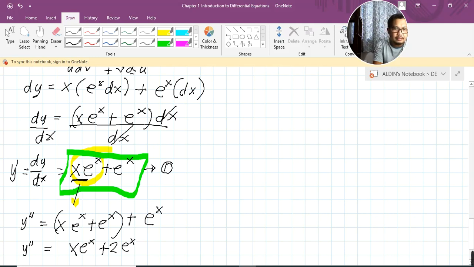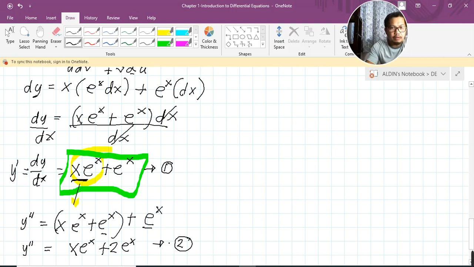Yan. I-add mo na lang naman to. Tanggalin mo na yung parentheses. So, this is now your second derivative. Ito yung equation number 2 mo: x e raised to x plus 2e raised to x. Okay? Kung meron kayong tanong pagdating sa derivative, pwede natin pag-usapan separately.